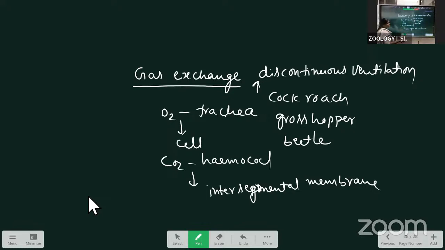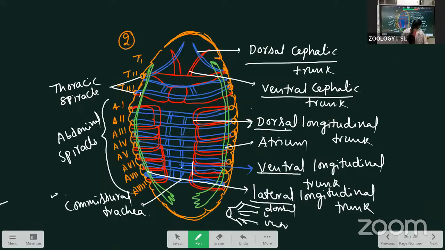And next, we are coming to the diagram. This is the important one. Consider the trachea in the metabolic activities in the daytime. This one is the trachea. The tracheolar cells are present.